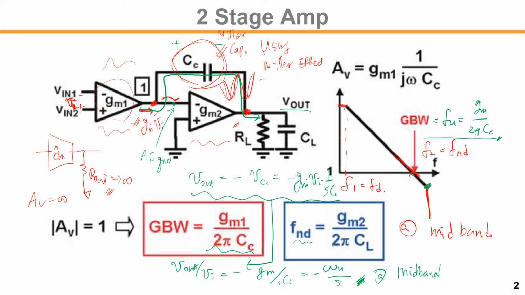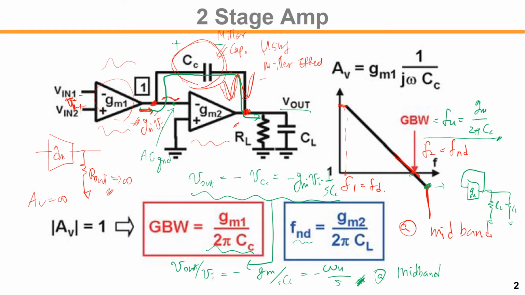Now, once FU is found, we need to find the non-dominant pole location, the F2 location. How can we find that? Because the CC is very large at midband, we can approximate the second stage as GM2, the short connection, and the RL and CL there, right?